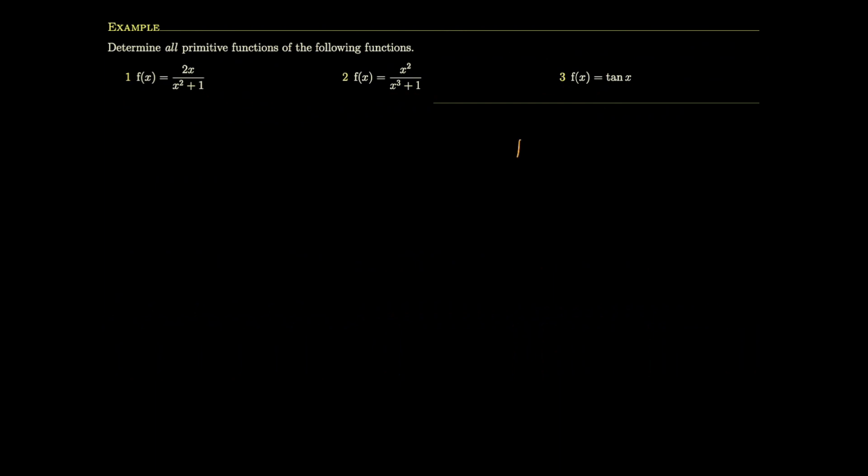Do you remember, if I have ln of u and I ask you to differentiate it, what's the answer if u is a function of x? u prime over u. Okay? So now if I ask you what is a primitive function of u prime over u, it is ln of u.